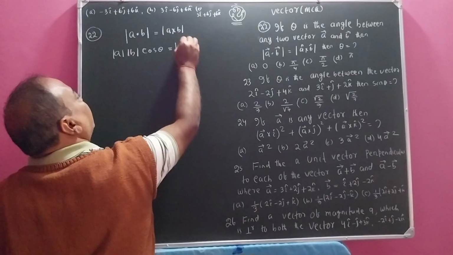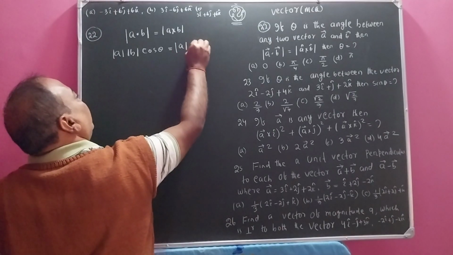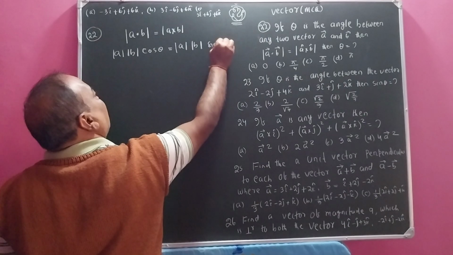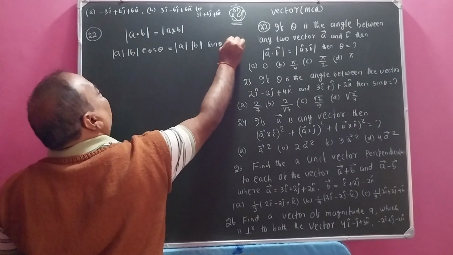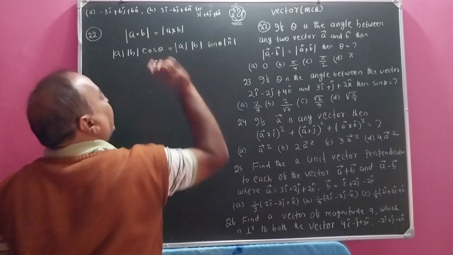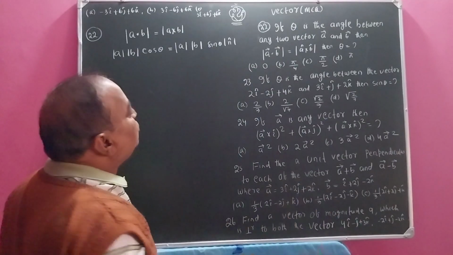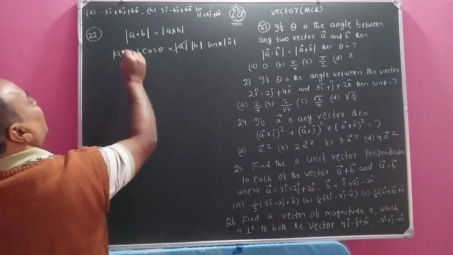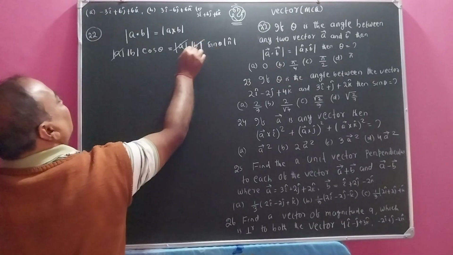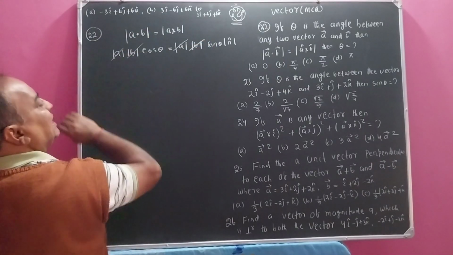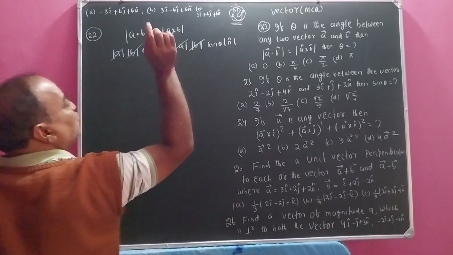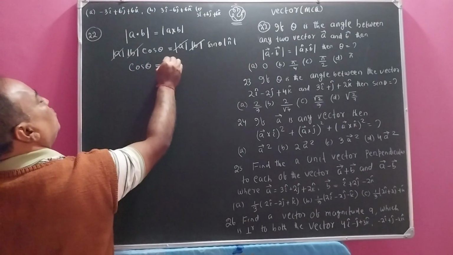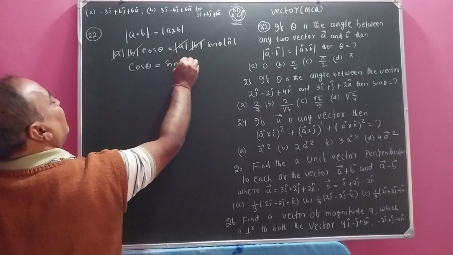Magnitude of n cap is 1. So magnitude of A and magnitude of B cancel. So we get cos theta is equal to sin theta.